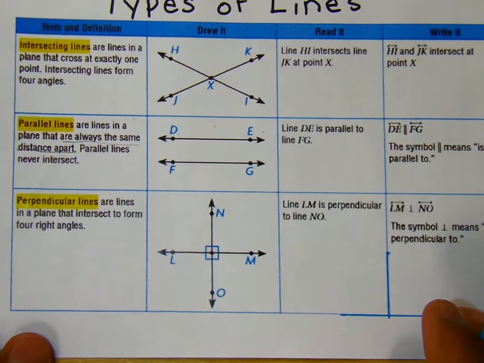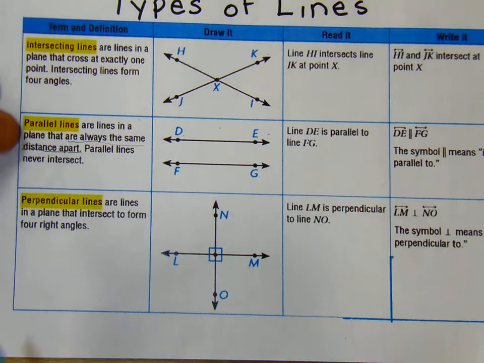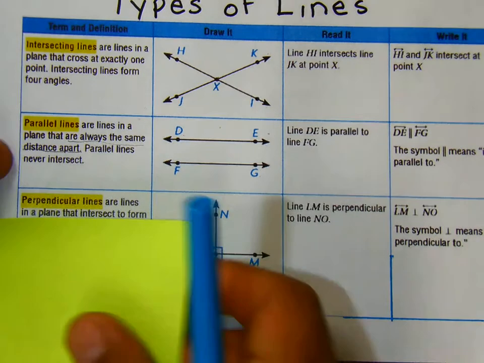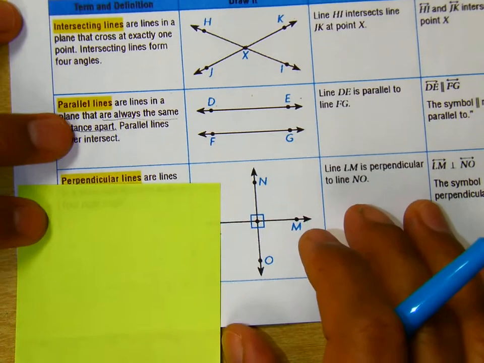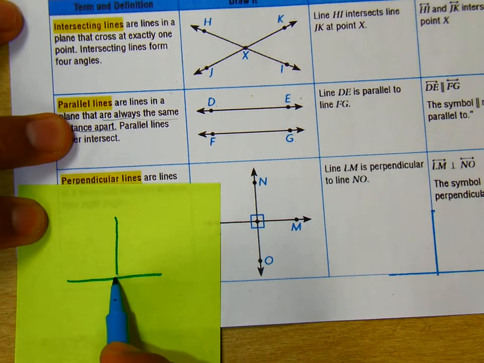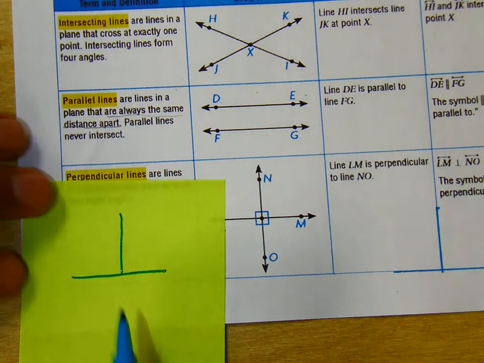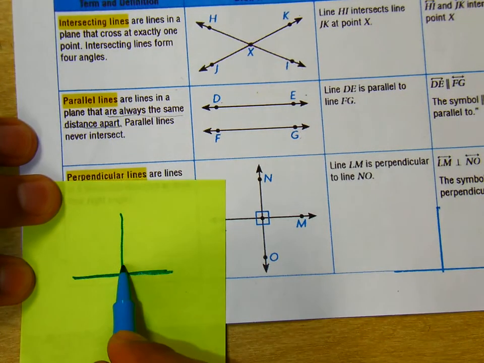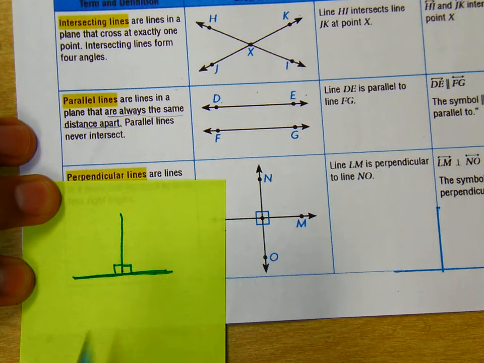Like I said, they don't always form four right angles. This would be an example of perpendicular lines. So if I have a line going down straight and a line going across straight, these are perpendicular lines because they make right angles. This angle right here is a right angle, and this angle right here is a right angle.